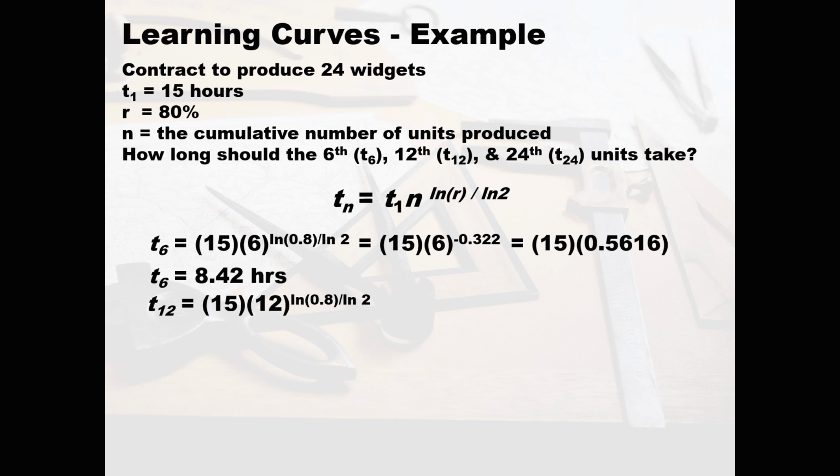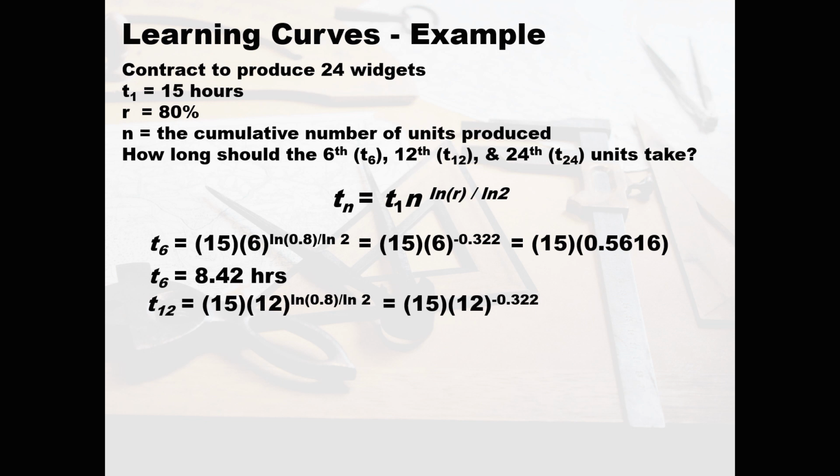What we're looking at here is 15. Now n, instead of being 6, is going to be 12. Again, we're going to raise 12 to the power of B. B is going to be the same number it was for T6, because we're still looking at the natural log of 0.8 divided by the natural log of 2.